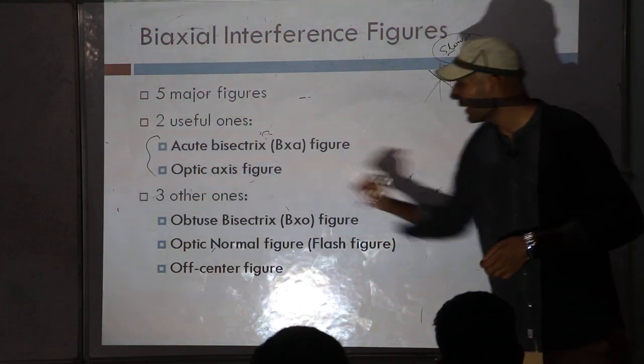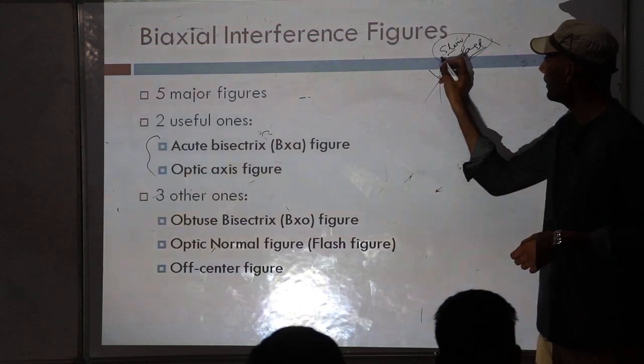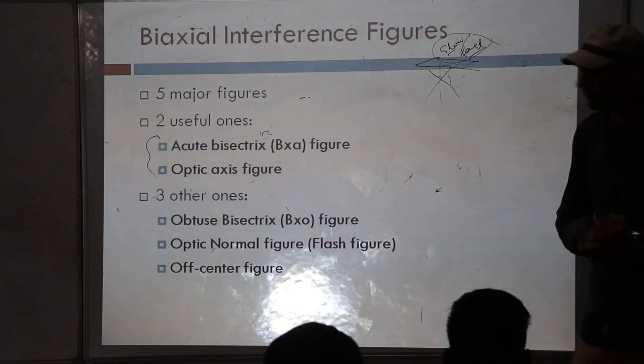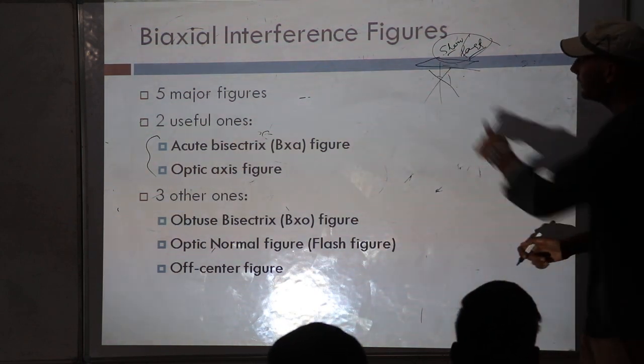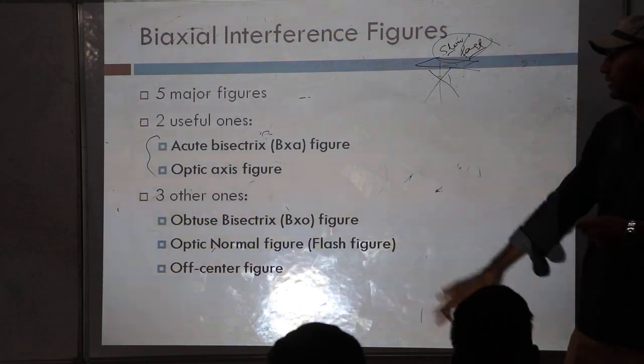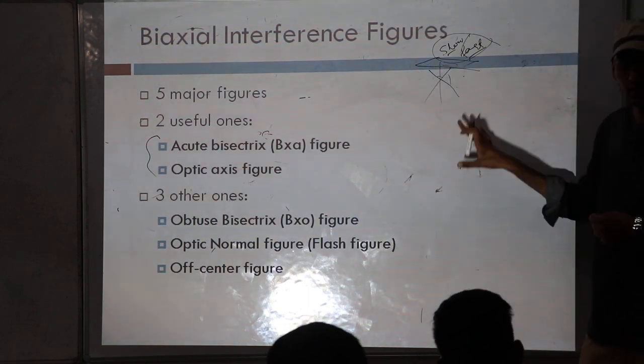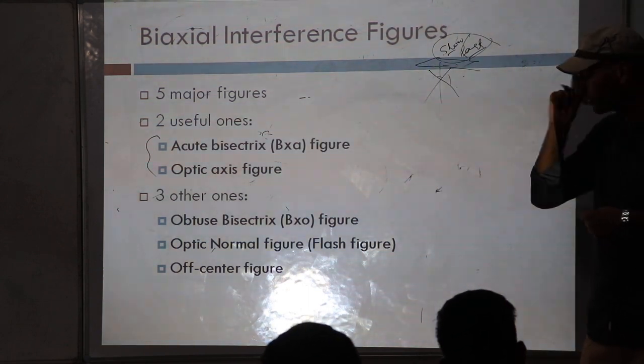For acute bisectrix figure, you are viewing a section like this where acute bisectrix is at the center of crosshair. For optic axis figure, one of the optic axes is at the center of crosshair, either this one or this one.